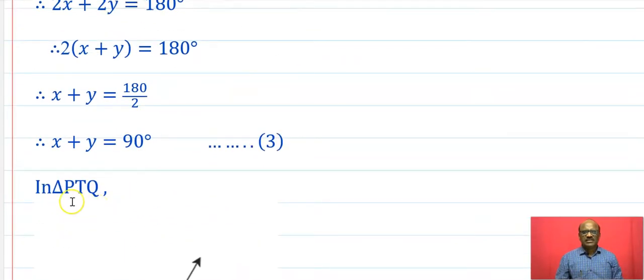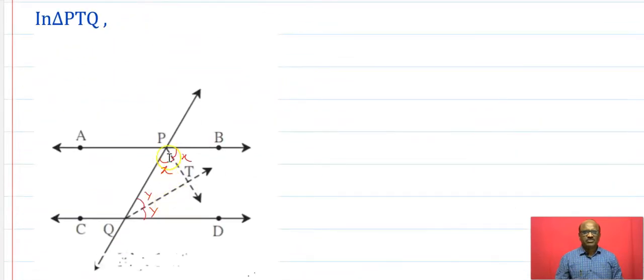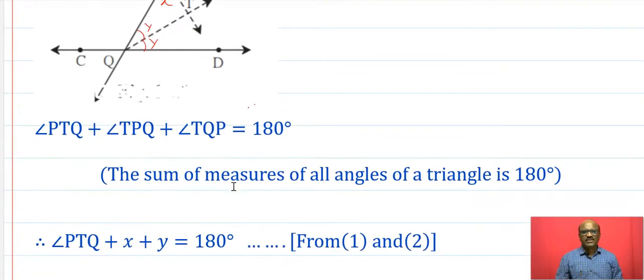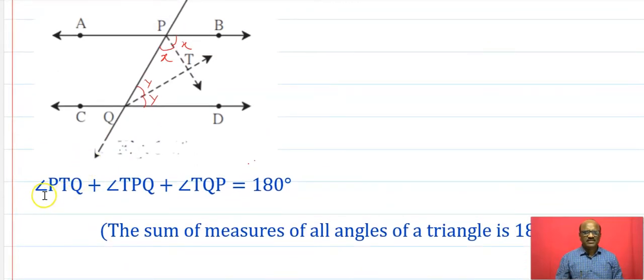That is it. Now, in triangle PTQ, the measure of angle x plus y plus the measure of angle PTQ is equal to 180. See this again here: the measure of angle PTQ plus the measure of angle TPQ plus the measure of angle TQP is equal to 180.